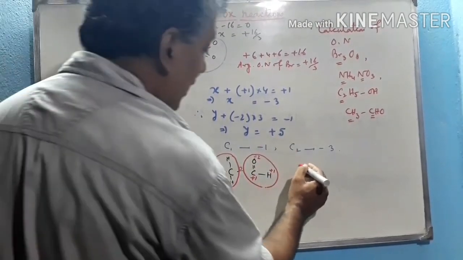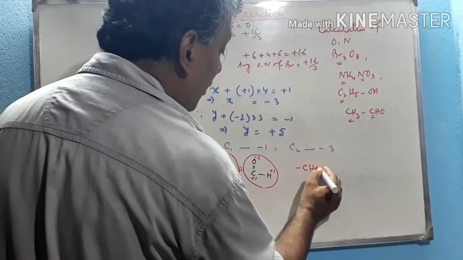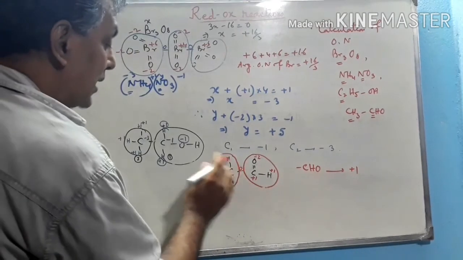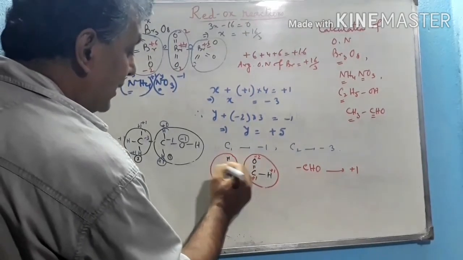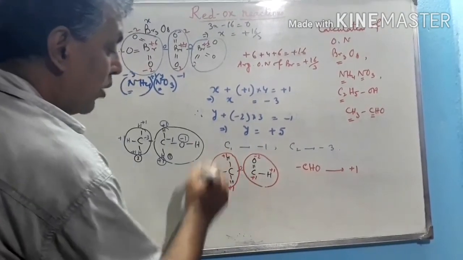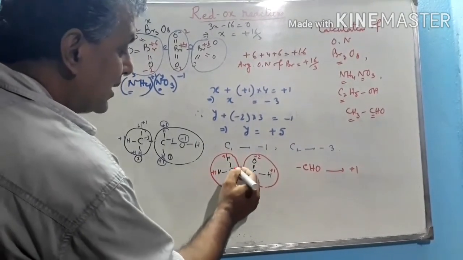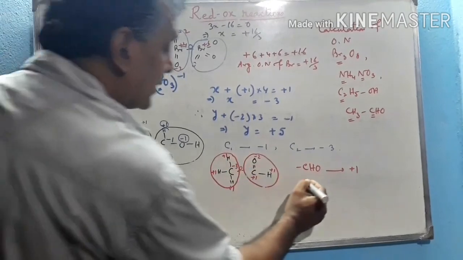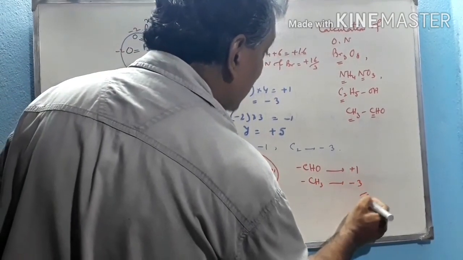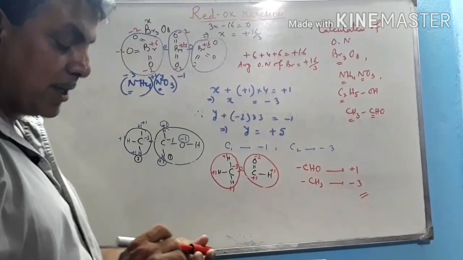That means the aldehydic carbon atom occupies plus 1 charge. Here also, in case of the methyl group, this is plus 1, this is also plus 1, this is also plus 1 in its surrounding. The total charge is plus 3, so to neutralize this is minus 3. That means the methyl group carbon atom occupies minus 3 charge. All these are the oxidation numbers of the respective elements.